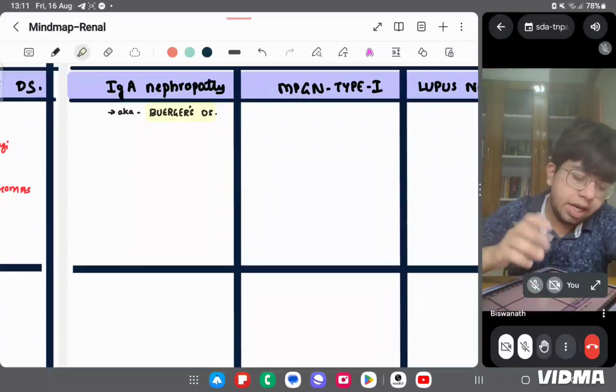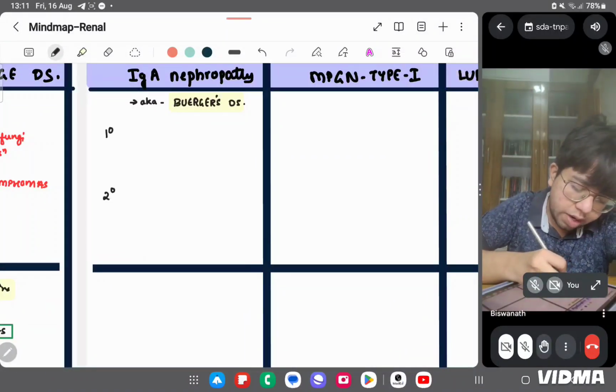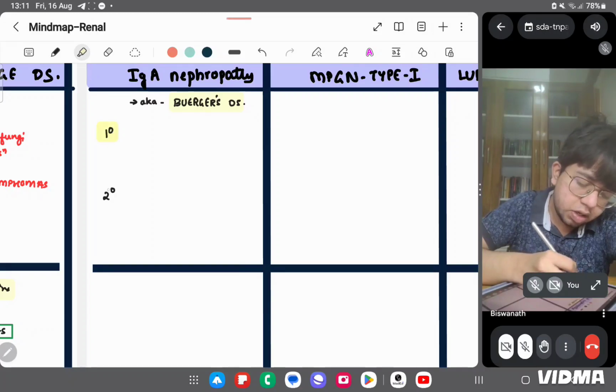So here the etiology can be a primary etiology or a secondary etiology. What is the meaning?